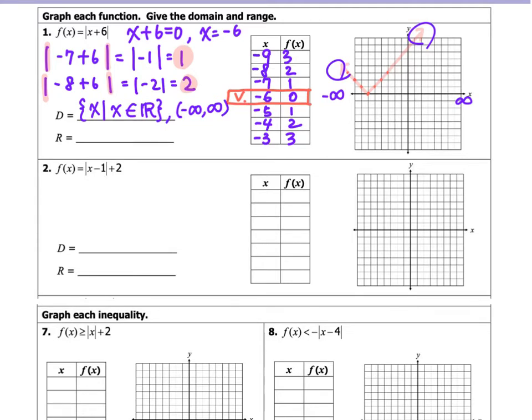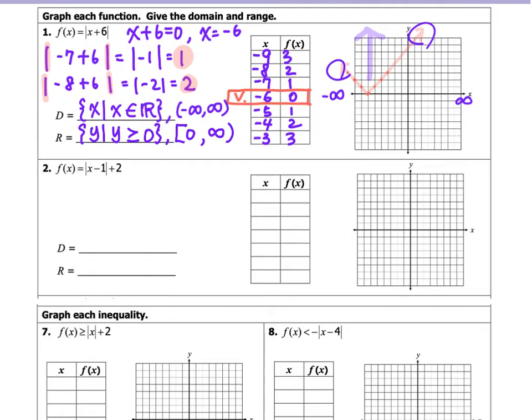The range only expands to the upside after 0. So the set of y such that y is greater than or equal to 0. How can we put that in interval notation? That's right, bracket with a 0 and positive infinity with a parenthesis.